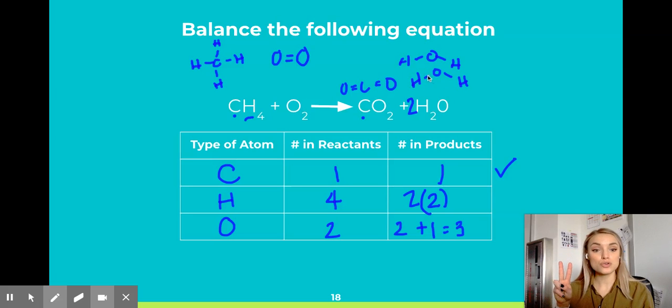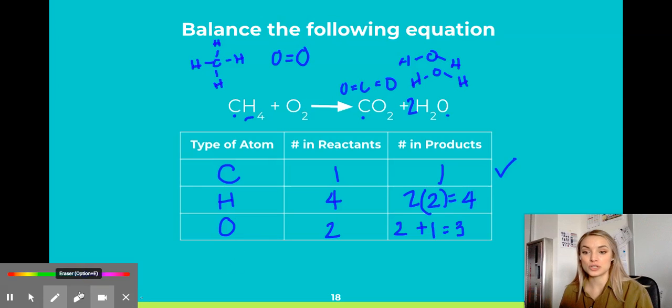I've got 2 molecules of water. And that means that I actually have 4 hydrogen. But you're probably saying, Ms. Milberg, you just added a 2 in front of H2O. You are correct. We now have changed how many oxygen we have. We've got 2 oxygen there instead of just the 1.